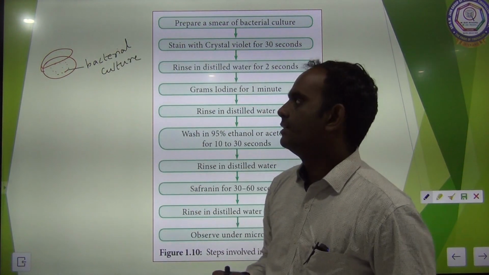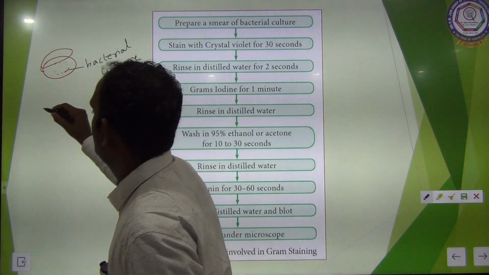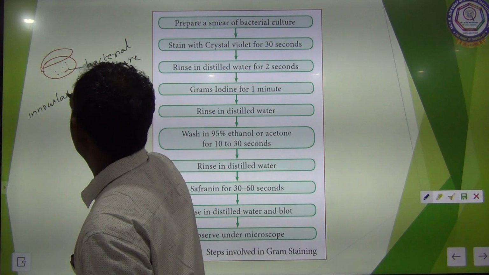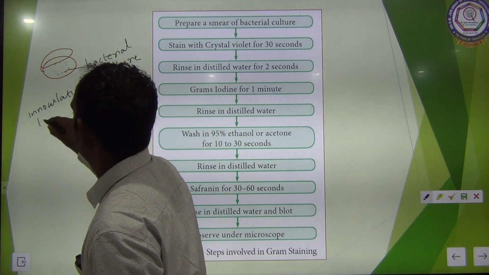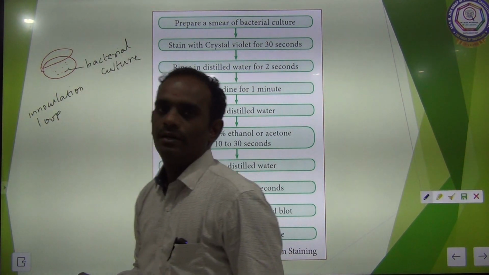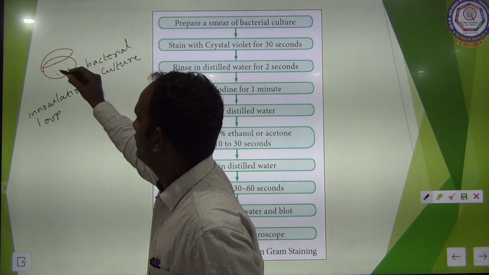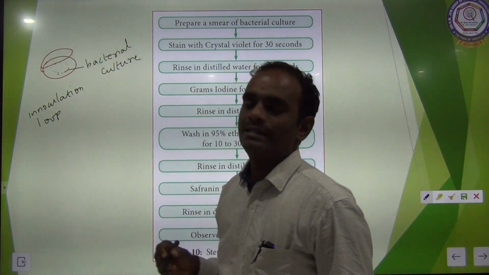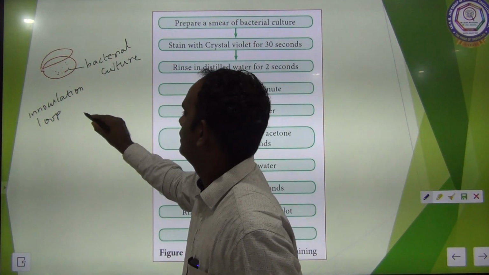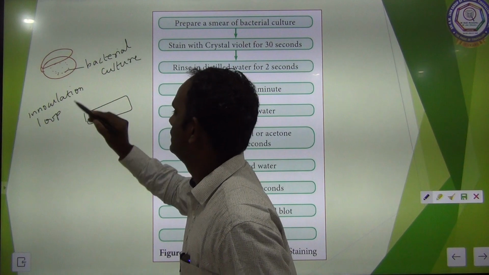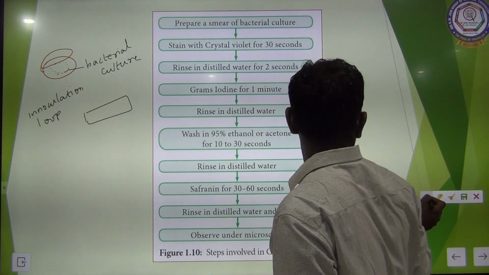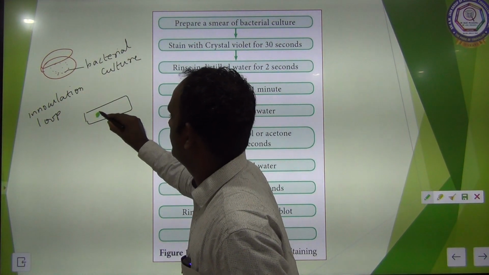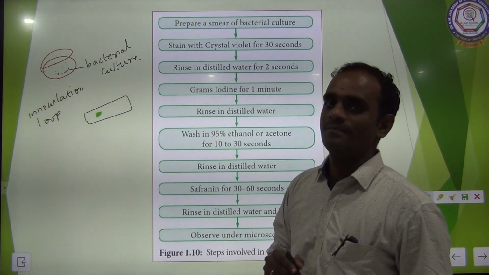With the help of an inoculation loop, take one small touch from the bacterial culture, and this is a slide. One small smear over here like this. This is a bacterial smear.